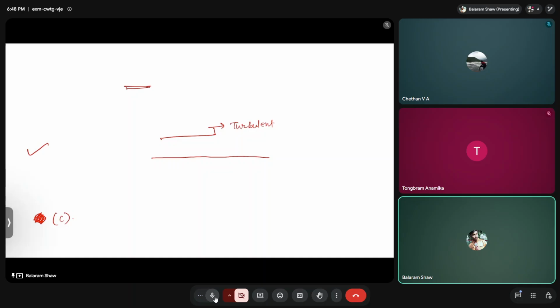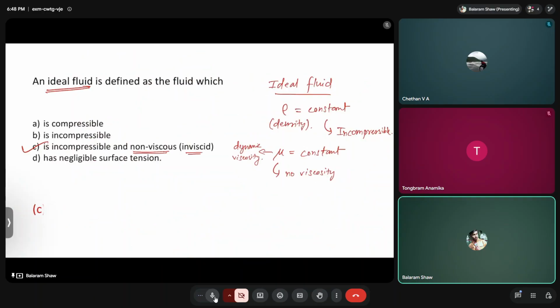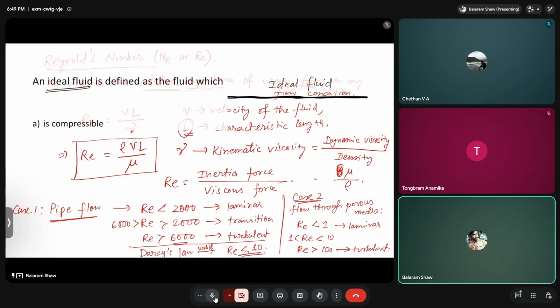Here we see the Reynolds number. Not sure if you're able to see this or not. Yeah, I think now I'll see. So here you can see that Reynolds number is written as rho V L by mu, where rho is the density, V is the velocity of the fluid, L is the characteristic length, and mu is the dynamic viscosity.